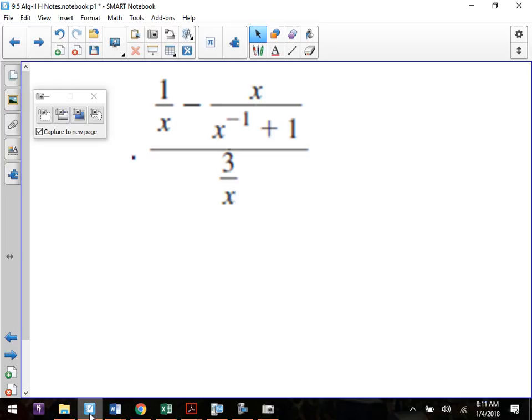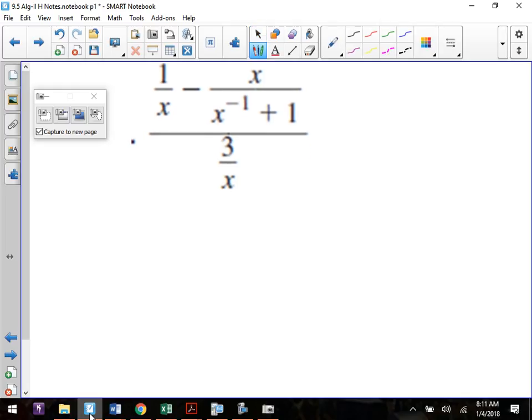What does x to the negative 1 mean? 1 over x. Okay. Now, you can't play the flip game here because of the addition part. So what this problem really is saying is, you're going to have fun. 1 over x minus x over 1 over x plus 1 over 3 over x.